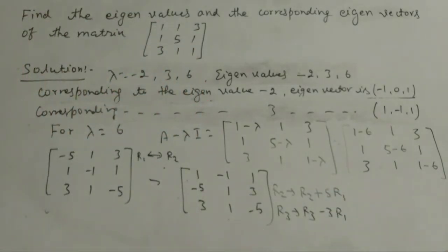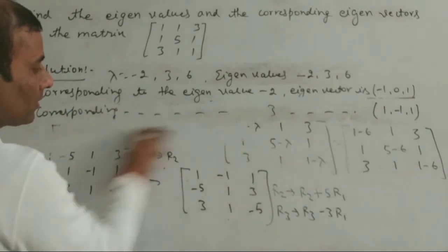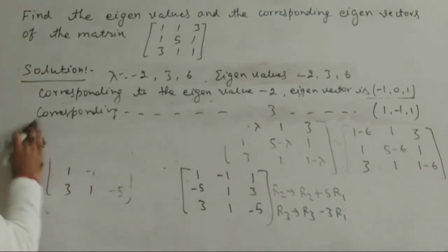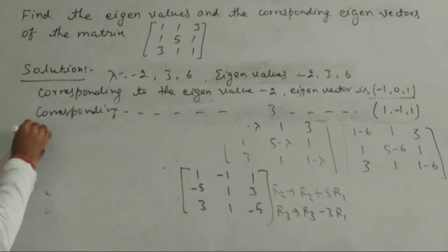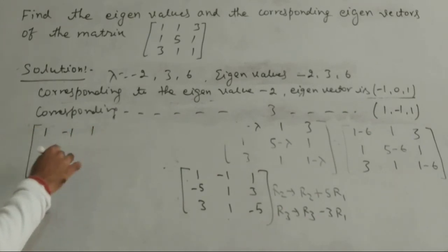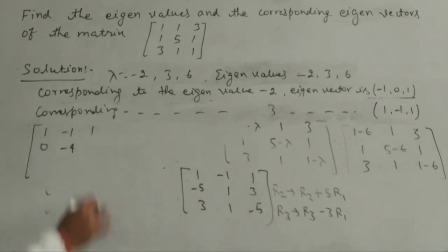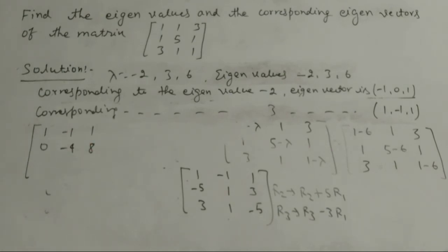Then it becomes 1, minus 1, 1; 0, minus 4, 8; and 0, 4, minus 8.